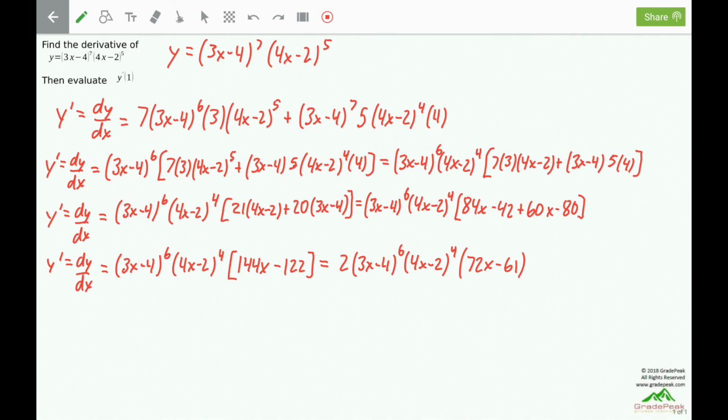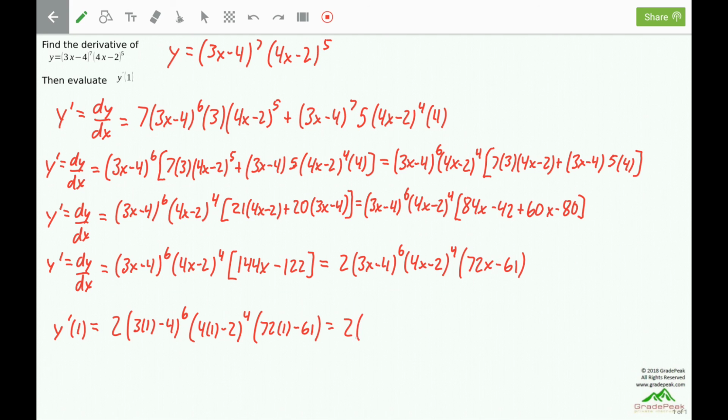The next step is to evaluate y prime of 1. So y prime of 1 means to plug a 1 in for each of the x's. We will have 2 times (3 times 1 minus 4) to the 6th power times (4 times 1 minus 2) to the 4th power times (72 times 1 minus 61).